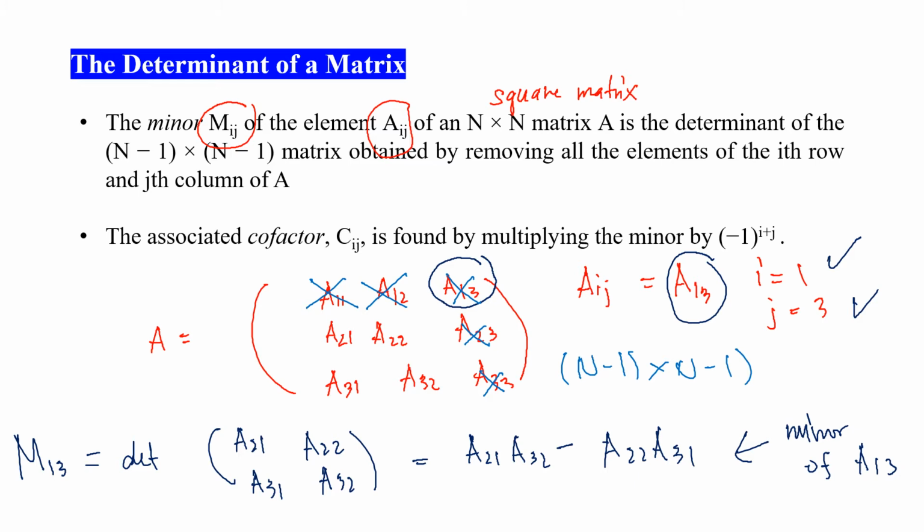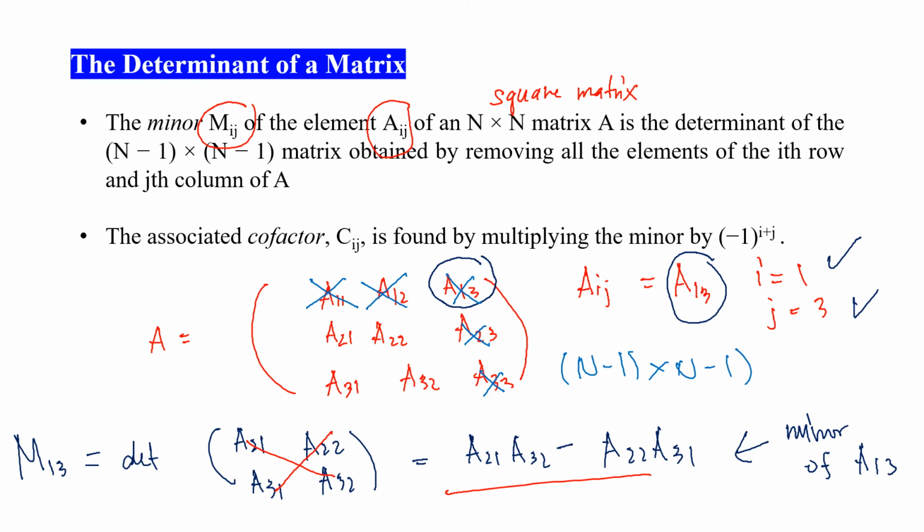After that, we get the determinant of your 2 by 2 matrix, which is A21 times A32 minus the product of A22 times A31. This determinant is the minor M13, the minor of your A13.